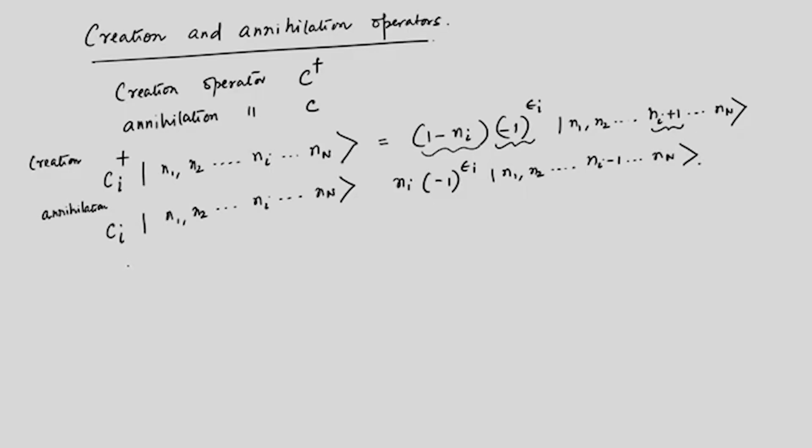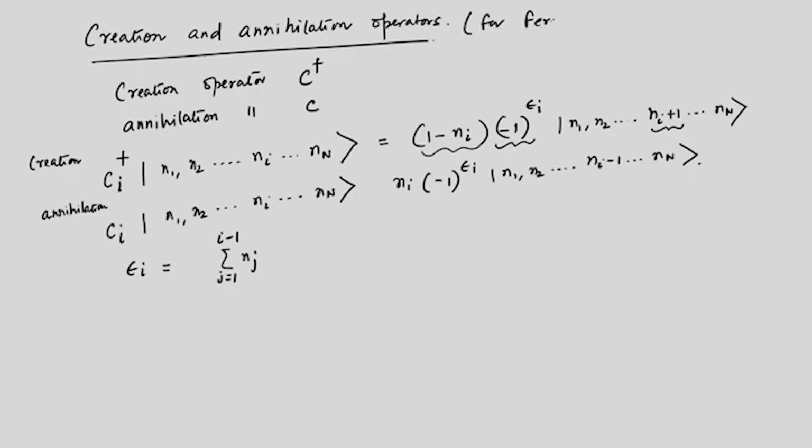Epsilon_i is a quantity that considers this swap. So, it is a sum over all the nj's prior to that i. So, this j runs from 1 to i minus 1. So, you count all of them, their occupancies. We are particularly writing in terms of fermions, so these are for fermions.